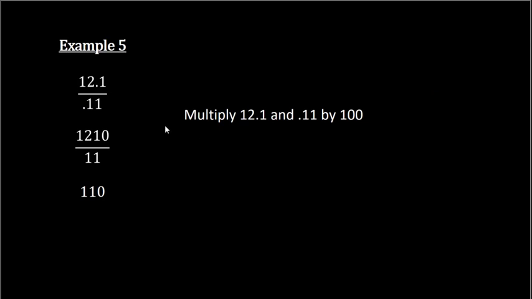So we have shown you 5 different examples where we need to divide by a decimal. And I want to also show you quickly the behind the scenes of why this process works. So here, looking at this example, 12.1 divided by 0.11, we've learned in the past that we can multiply by the number 1 without changing the value of the number we're multiplying with. So that's really what we're doing when we multiply by 100 on the top and on the bottom.